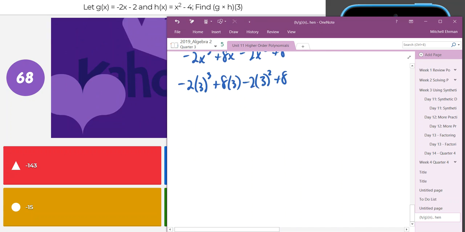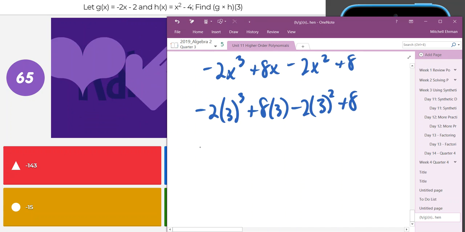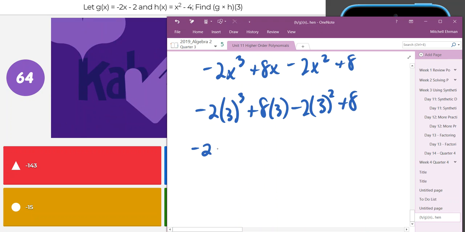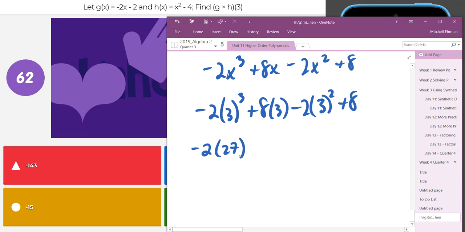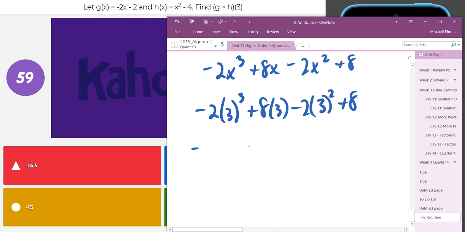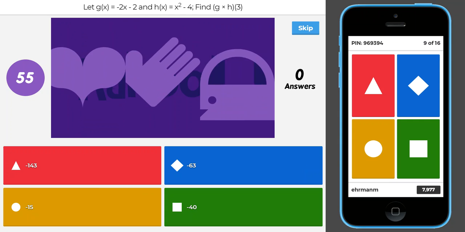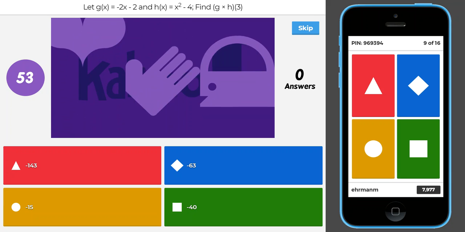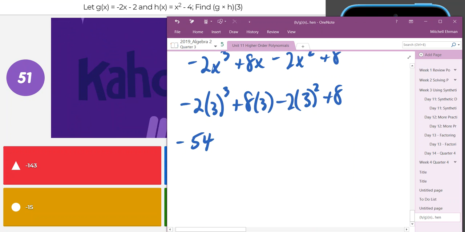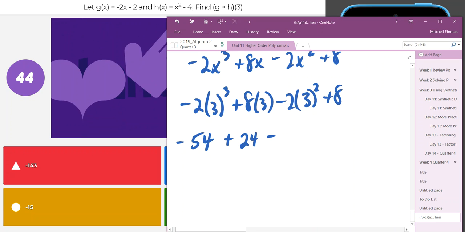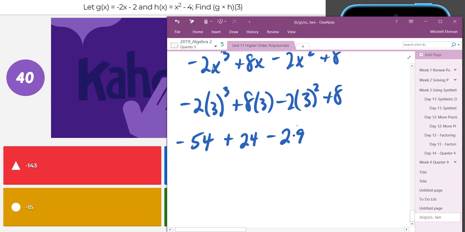I'll probably need a calculator after this next step. We've got negative 2 times 27. That comes out to be negative 54. I know that from my times table, so I'll go ahead and include that. Just drop my pen here. See if we can get this back. 8 times 3 is 24, and 3 squared is 9, so we want negative 2 times 9.